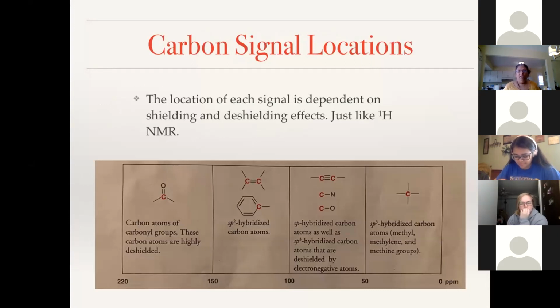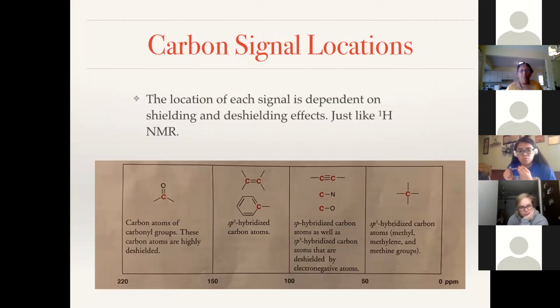So the sp3 methyl. How will you redraw your structure, KJ? Where should that carbon that Jamie pointed out go?